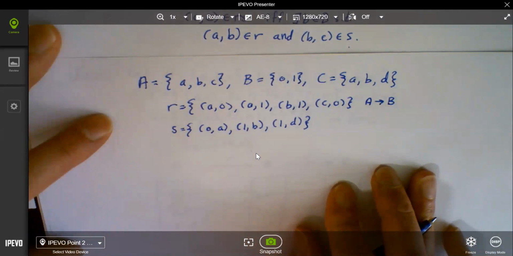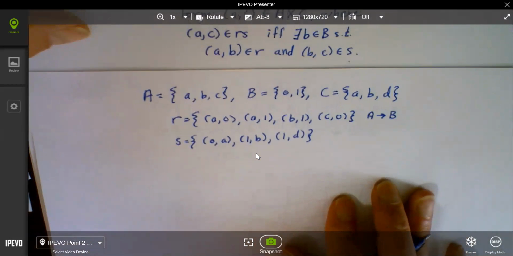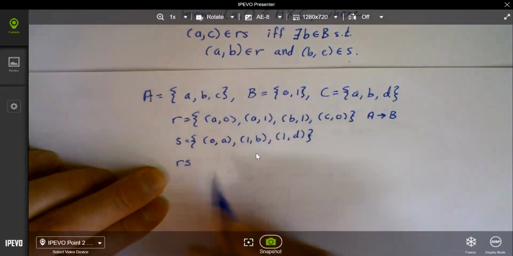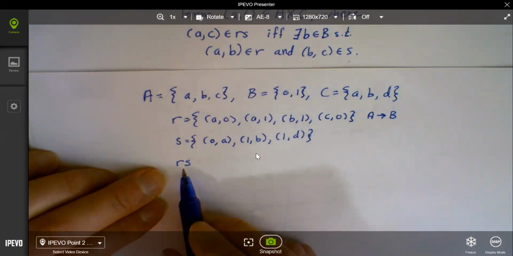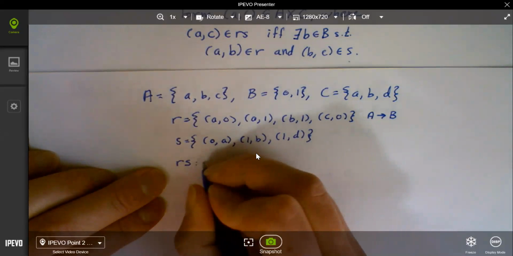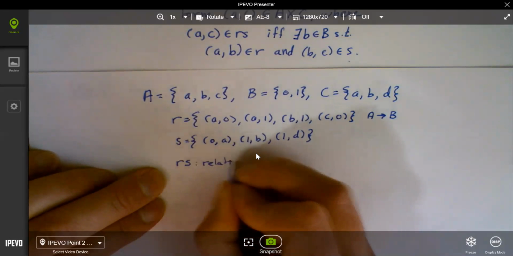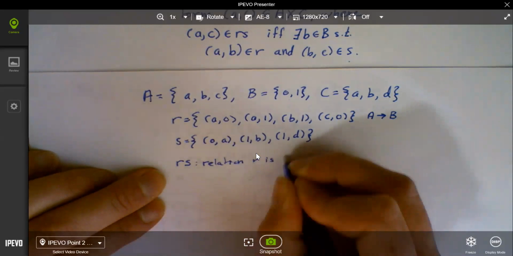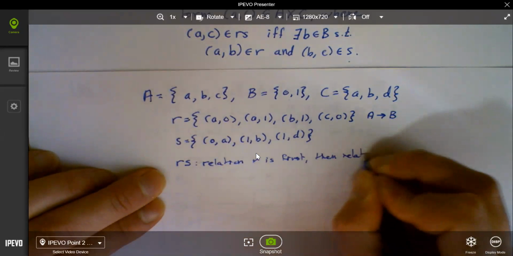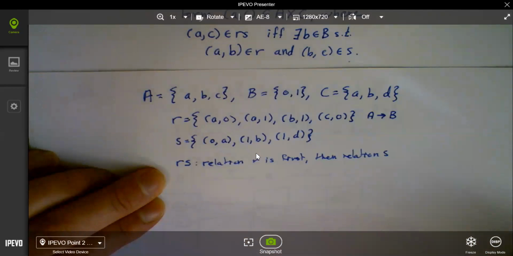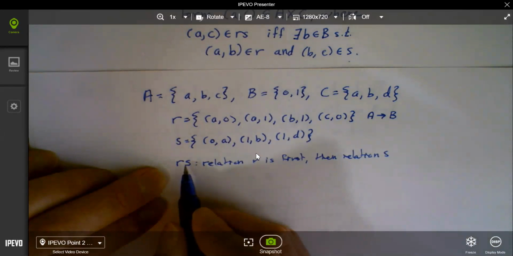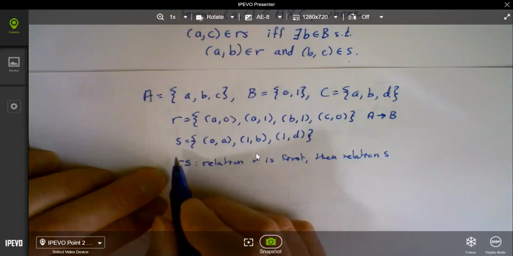Now we're going to use our definition to find the composition RS. When we use this notation, little r, little s, it says relation R is first, then relation S. If you've been in calculus or pre-calc where you've had notation that reads right to left, this is different.